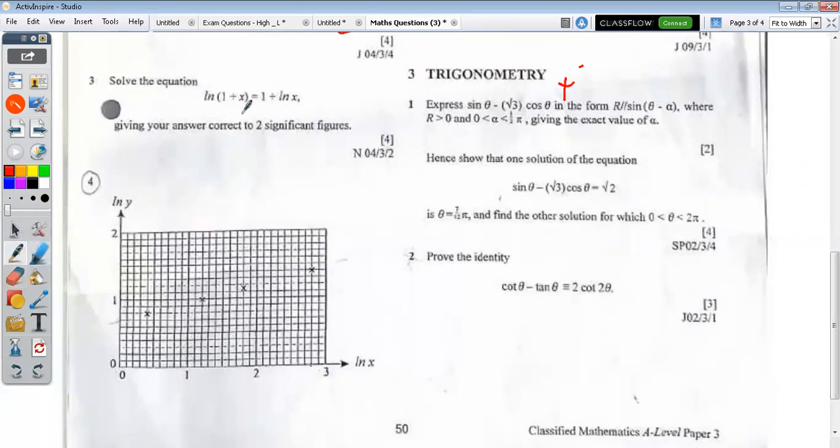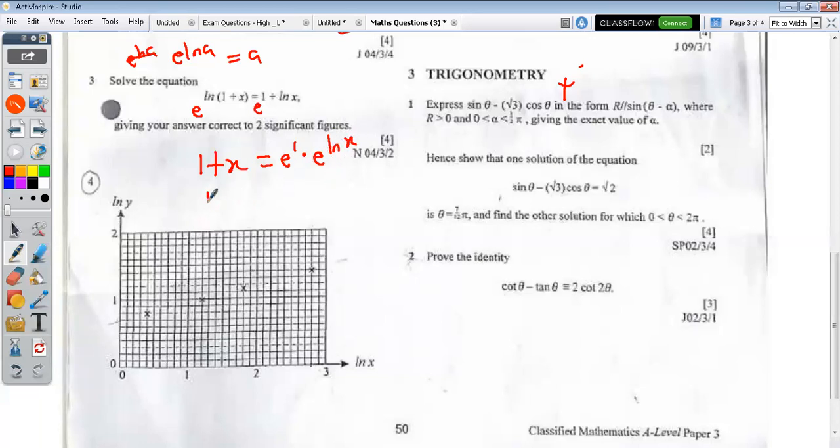Number 3 is saying we need to solve this. So to solve this here, I take e of both sides. If I take e of both sides, this drops here, and I have 1 plus x there. Because e to the power of ln a is simply equal to a. Then this here is the same as e to the power of 1 multiplied by e to the power of ln x.